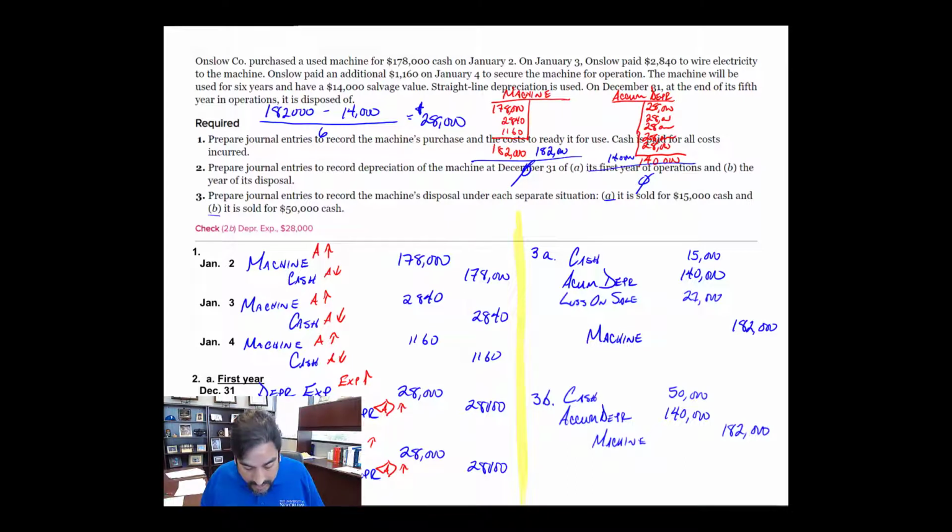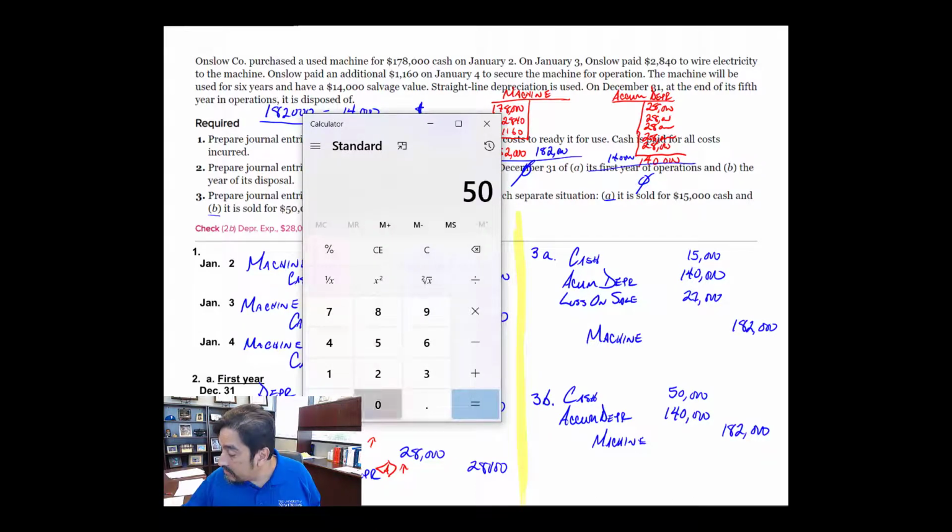And the problem said there's $50,000 cash that we received. So I recorded the cash. Now we see if we're in balance. 50 and 140 is 190. So we've got debits of 190 and credits of 182. So I need another credit of $8,000 and make sure, check my math.